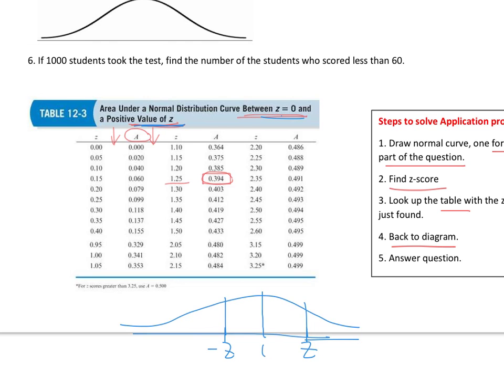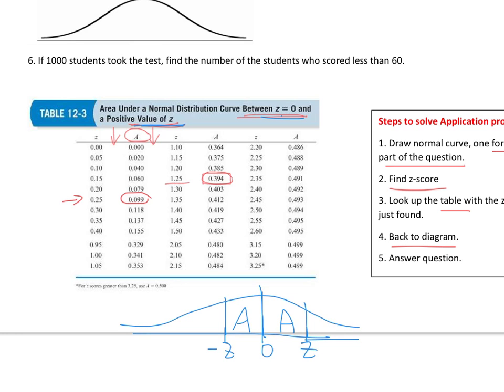From positive z to 0, I can find the A value from the diagram. The property of symmetry of a normal curve tells us this is going to share the same value. Therefore, although I have negative 0.25, I can look at positive 0.25 as 0.099 as my A value. So 0.099 has something to do with a z-score of 0.25.